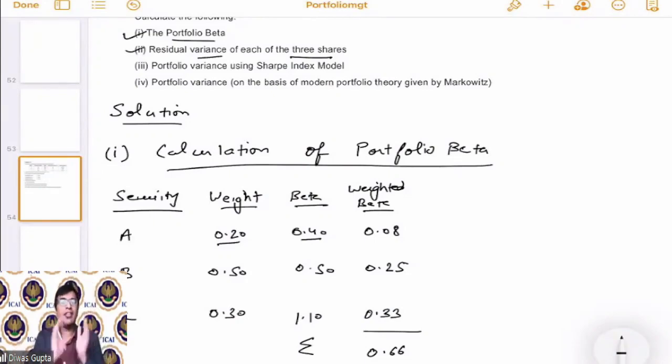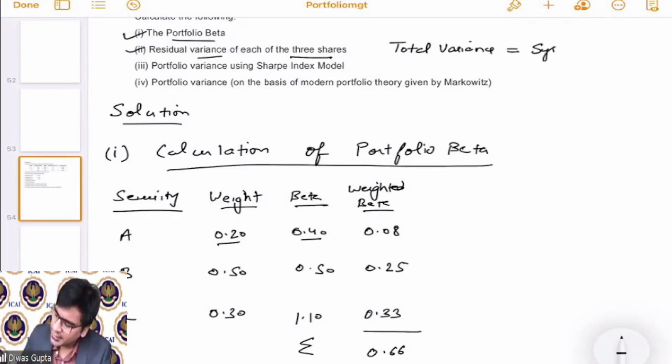So if we have a total variance, so what we have studied earlier is total variance is equal to systematic plus unsystematic, and this unsystematic is also called as residual, right?